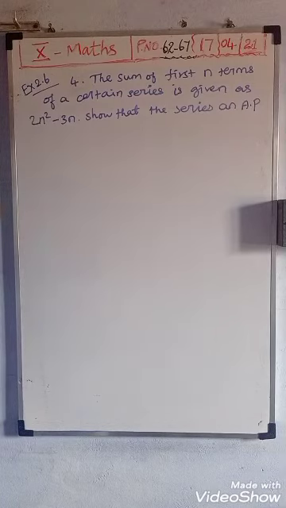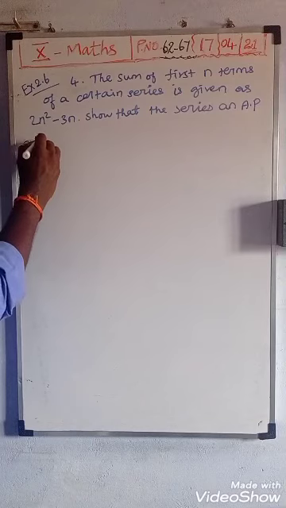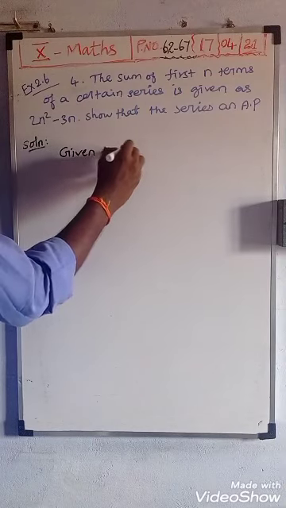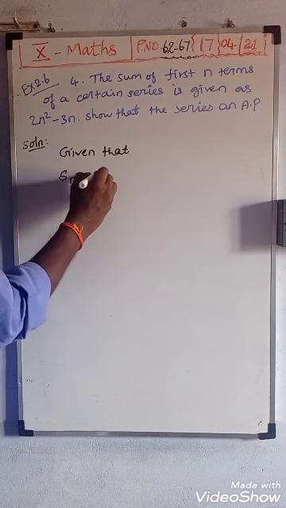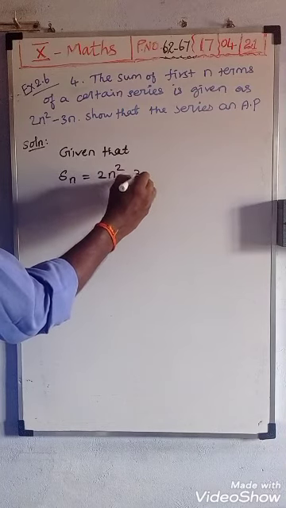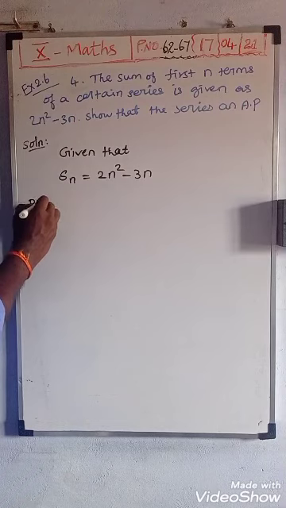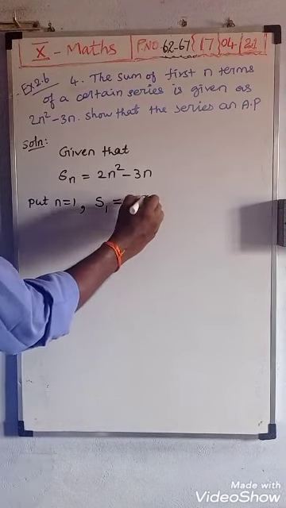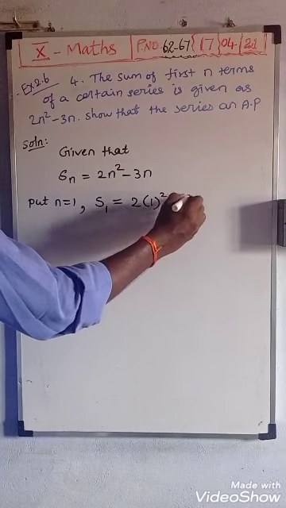So for that, see the solution first. According to the given information, Sn is 2n squared minus 3n. First put n equal to 1, then S1. So 2 times 1 squared minus 3 times 1.